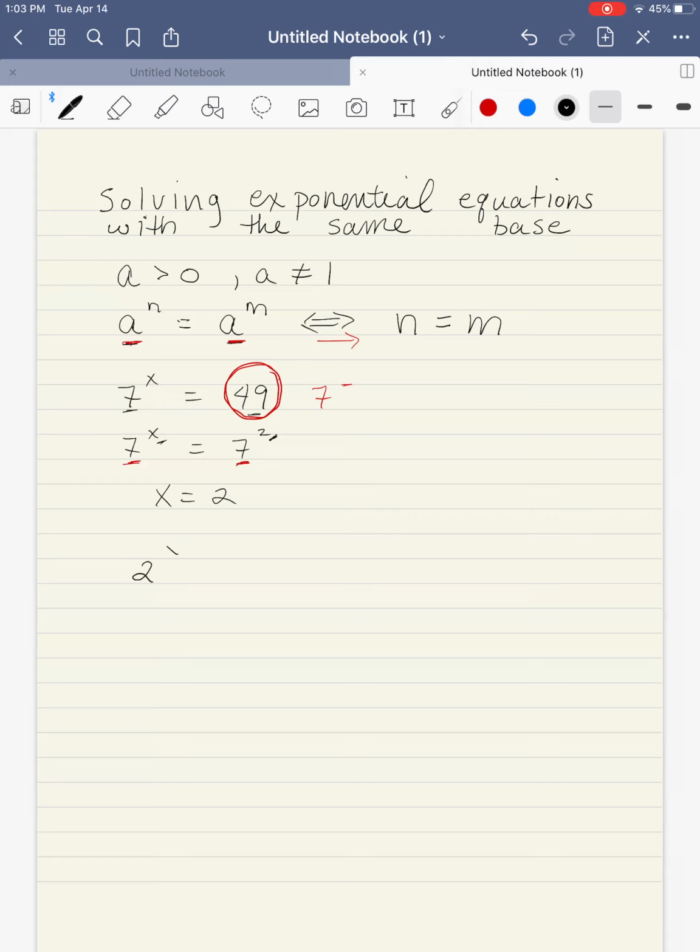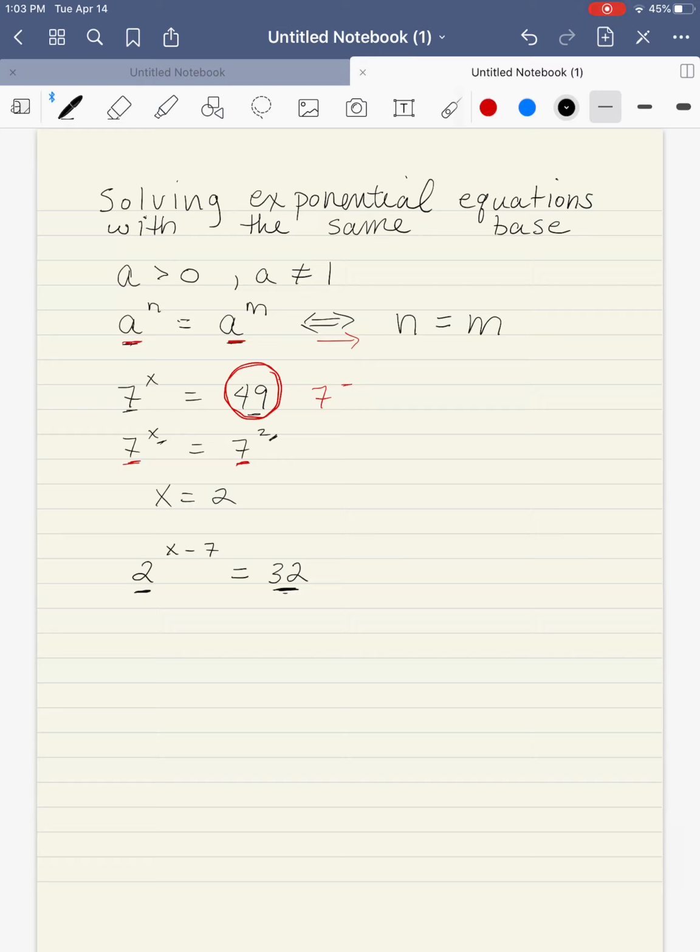Let's try another one. Let's say that I have 2 to the x minus 7 power is equal to 32. And what I want to do here is I want to see if I can rewrite this base 2 and this 32 as some number to a power.